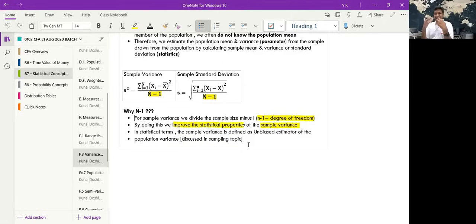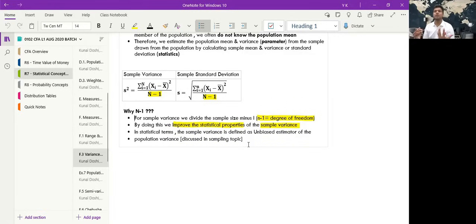Since the sample is not exactly the population, we say our sample is slightly riskier than the population. The population will be better, the sample is slightly riskier. That's how we analyze.